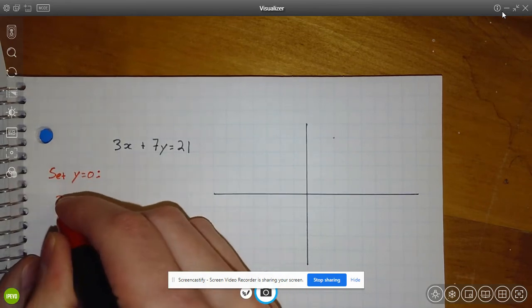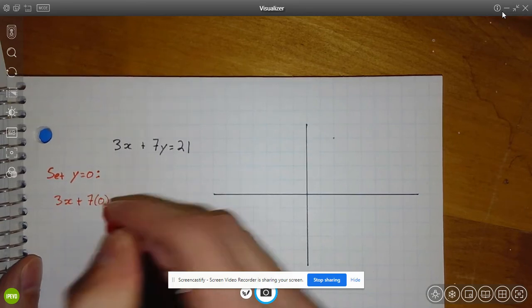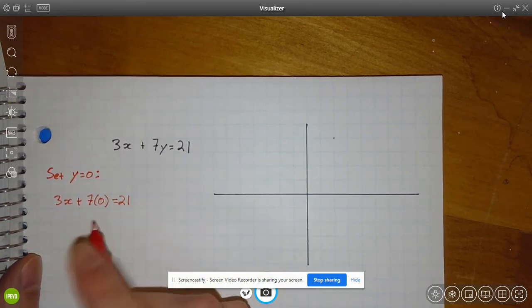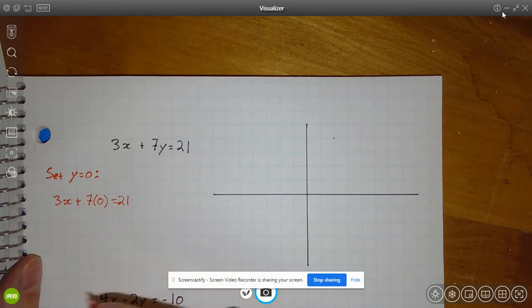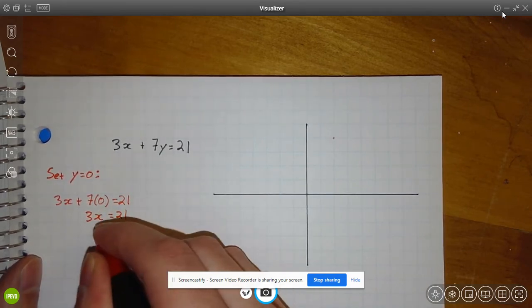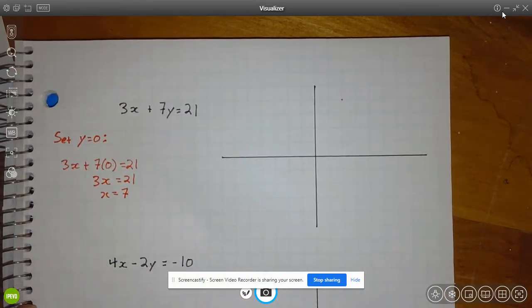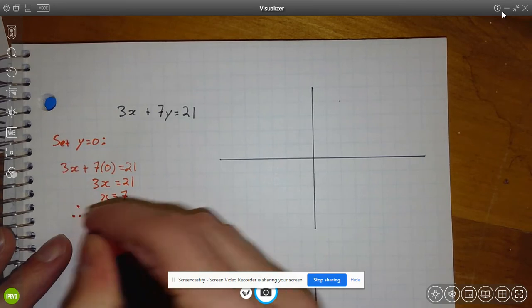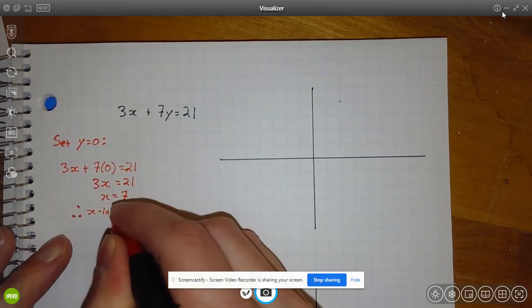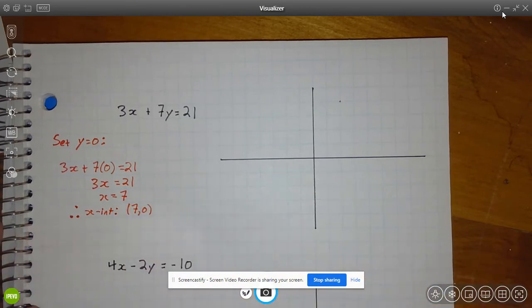If I set y equal to 0, I'll have 3x plus 7 times 0 equals 21. Well, 7 times 0 is just 0, so I'm left with 3x equals 21, or x equals 7. So I know right away that my x-intercept is going to be (7, 0).